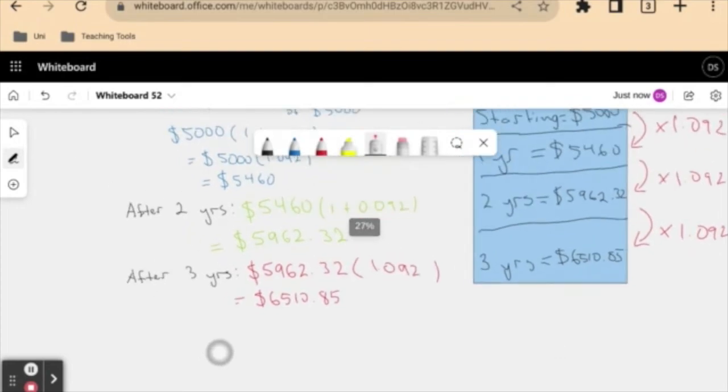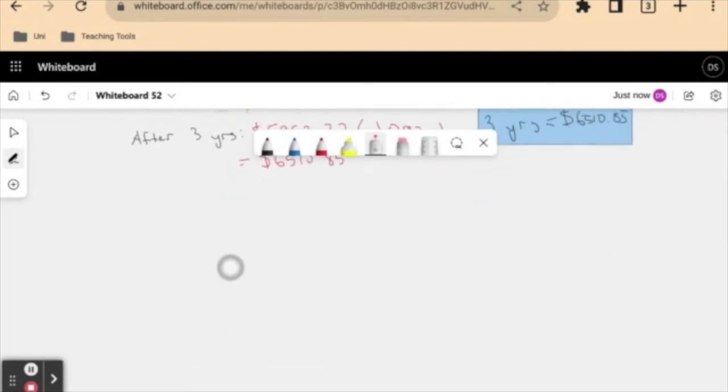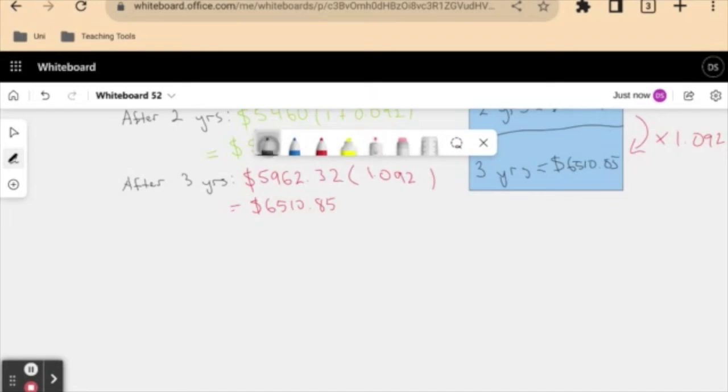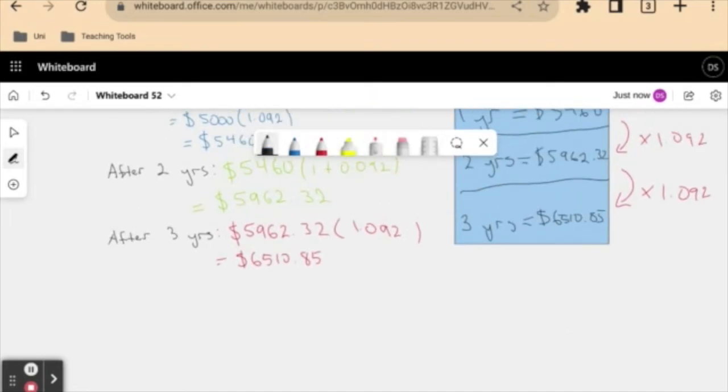So we could say that to get to, for example, here, we multiplied our P by 1 plus the rate to the power of 3.